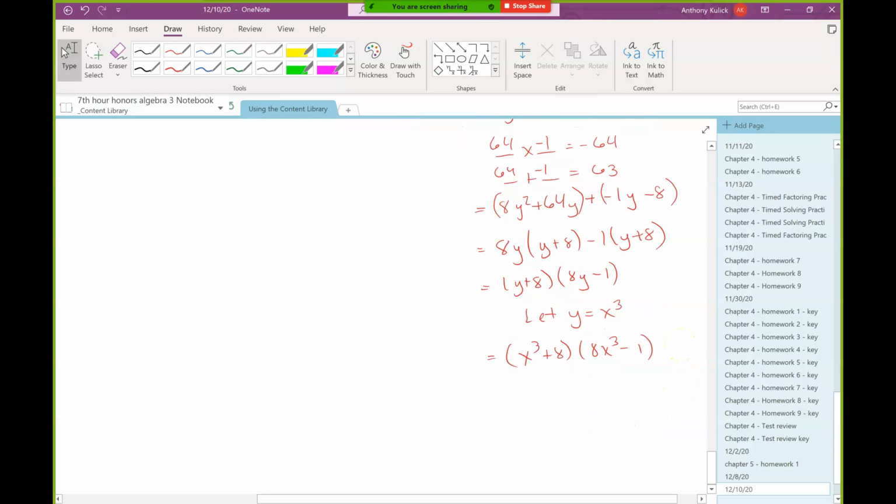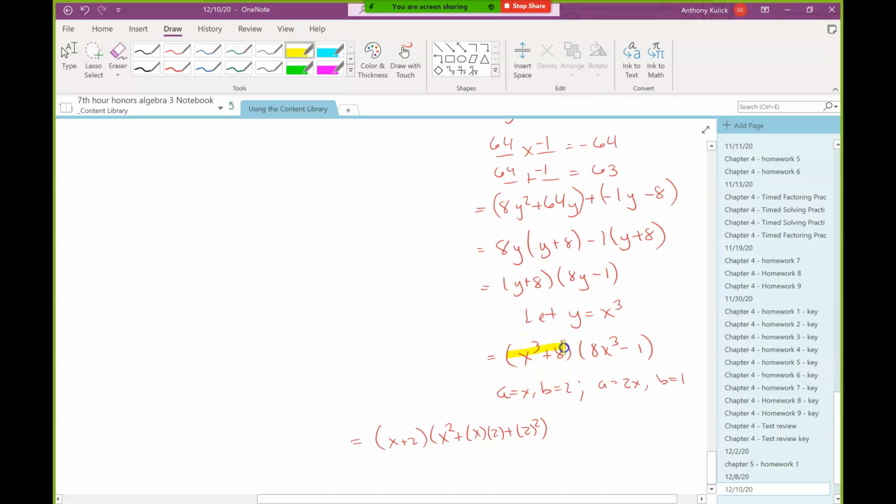And if I look closely at each of those, you'll notice that they are both a sum or difference of 2 cubes. So there's more I can do. So here it should be easy to see that my a is x and my b is 2. Here as well, it should be easy to see that my a is 2x and my b is 1. So the first factor becomes x plus 2 times x squared plus x times 2 plus 2 squared.